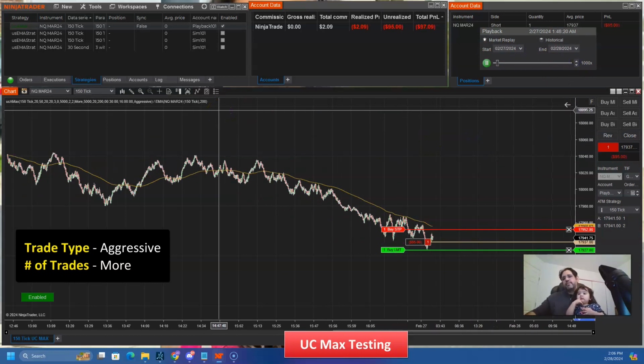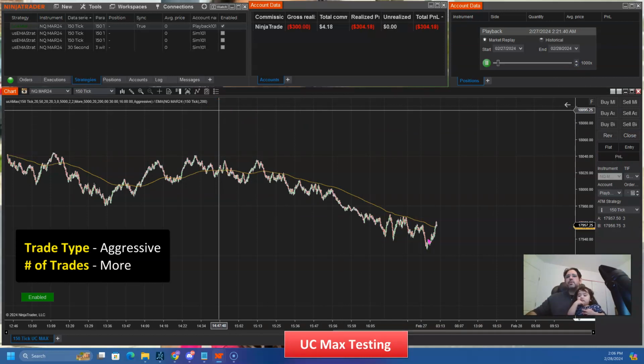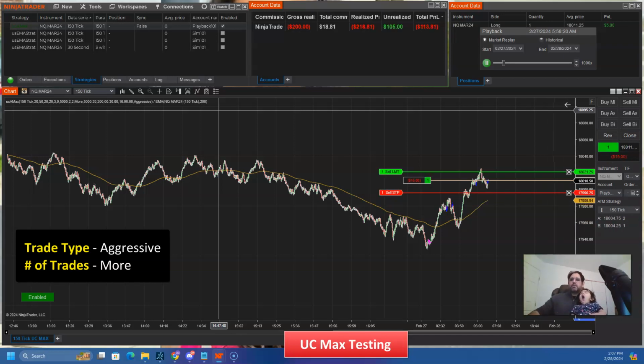And of course, everything will also depend on your order management template. So right now I am using one contract and 10 points profit and 15 point stop loss.